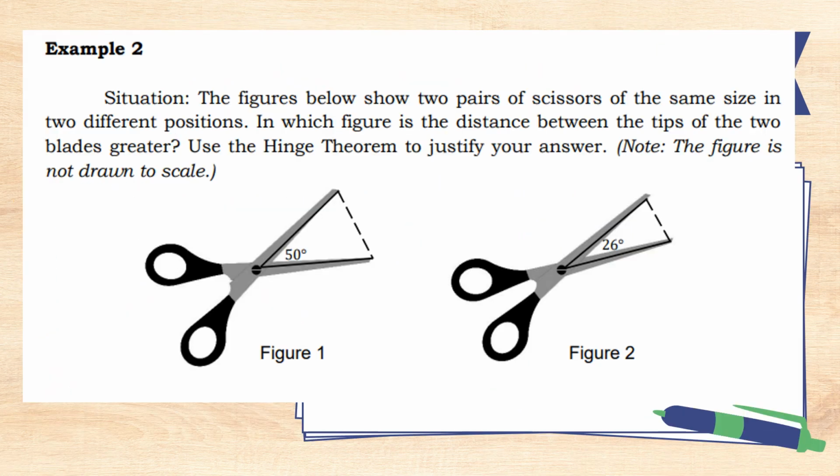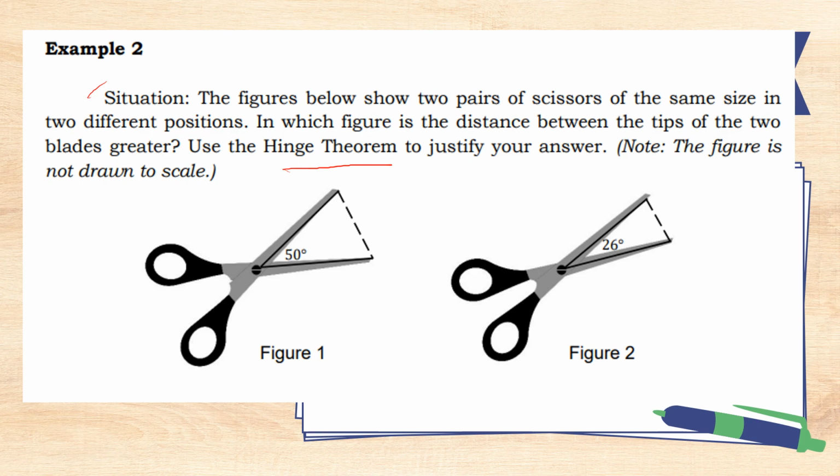Example 2. Situation. The figures below show two pairs of scissors of the same size in two different positions. In which figure is the distance between the tips of the two blades greater? So use the Hinge theorem to justify this. Now, look closely at the figure.